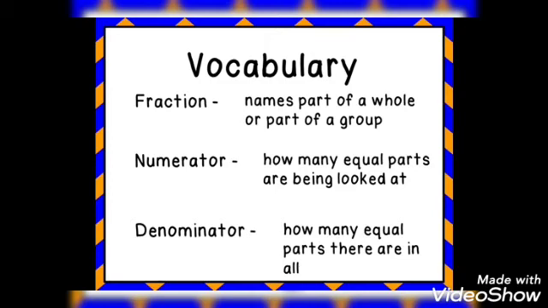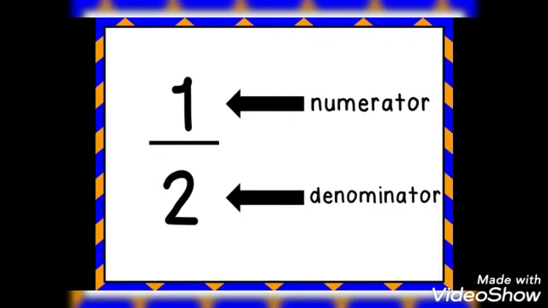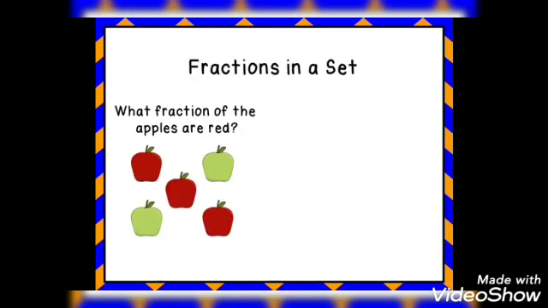I hope you remember what the meaning of these words is and what they denote. So 1 upon 2 is a fraction, yes. So 1 is the numerator and 2 is the denominator. And 1 upon 2 is also known as the unit fraction because here the numerator is 1.